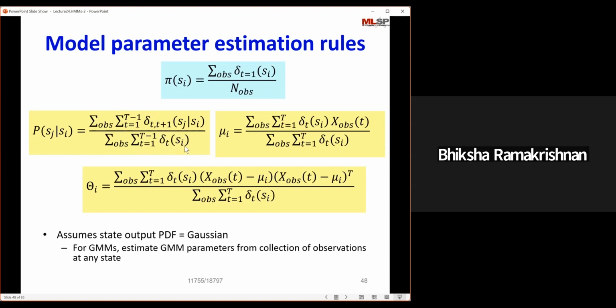And any time you actually see the state Si, you add a 1, otherwise you add a 0, right? So eventually this gives you how many times you were in state Si.